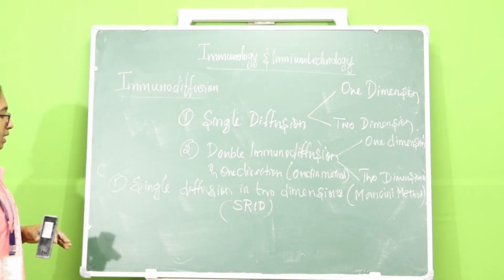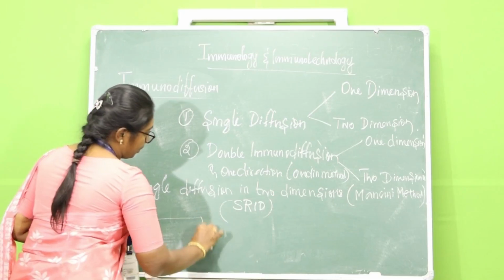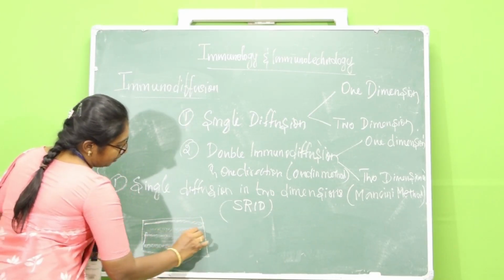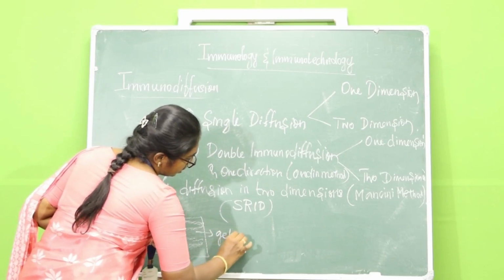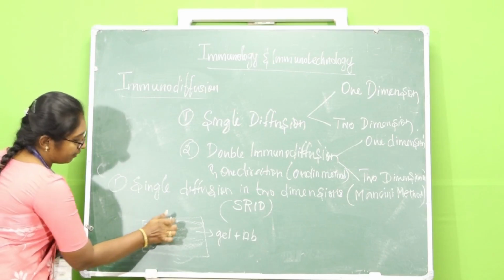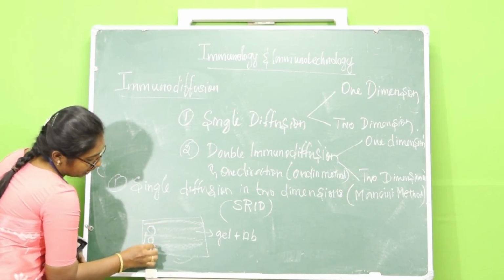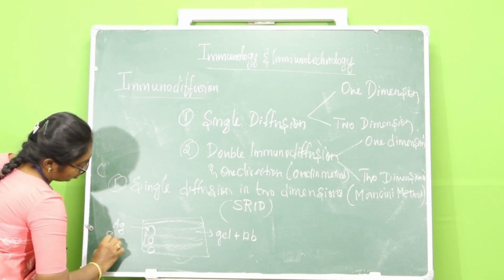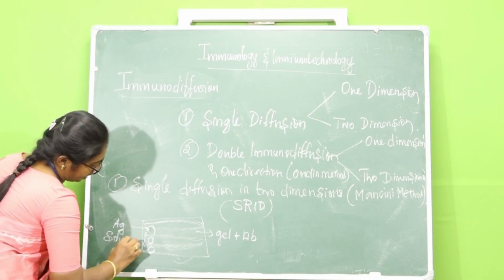What happens in this method? In a plate, we add a gel which is infused with the antibody. In this we create a well. In the well we add antigen solution of different concentrations.